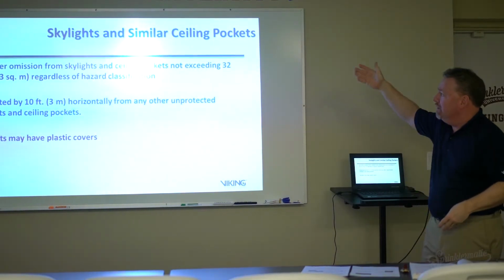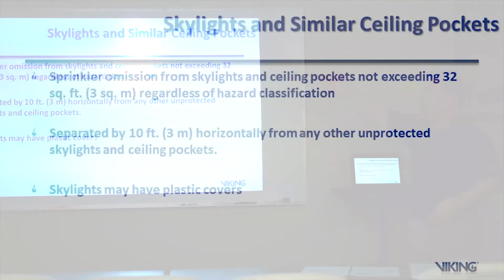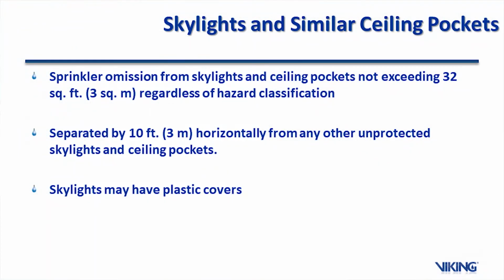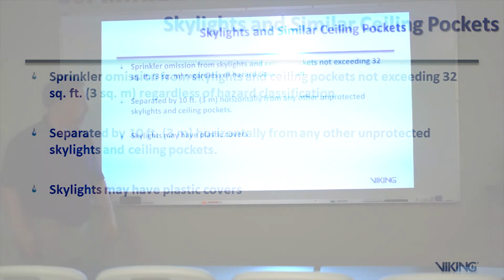So basically, the permission is that sprinklers can be omitted from skylights as long as they don't exceed 32 square feet, regardless of the hazard classification, and as long as they're separated 10 feet horizontally from any other unprotected skylights or ceiling pockets. Skylights may even have plastic covers over them to create just a light fixture.